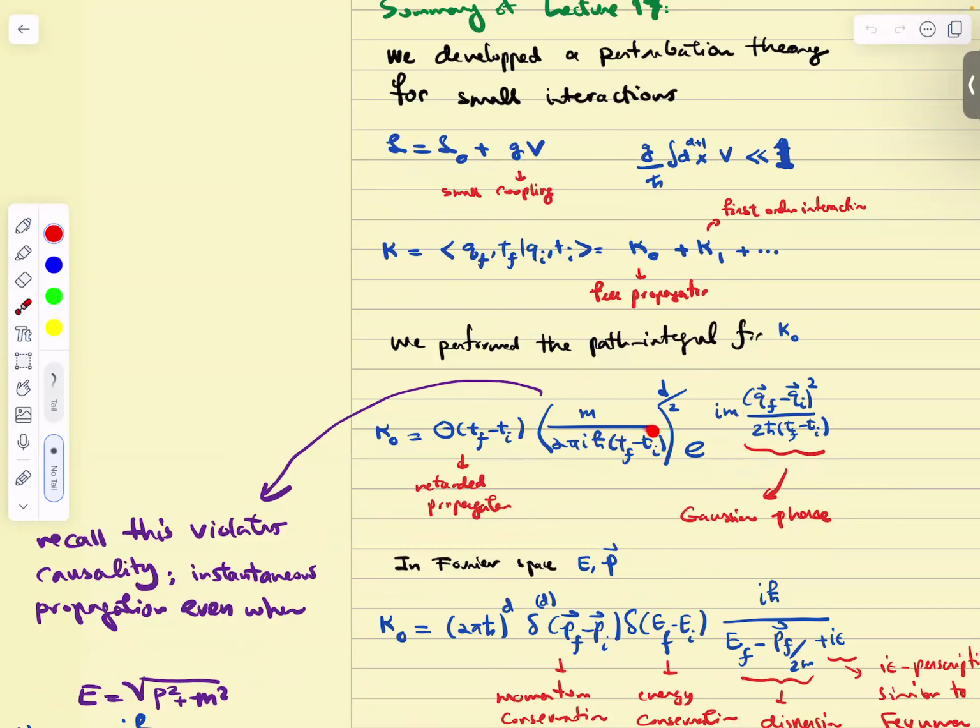What you need to see in this is that it's 1 over t to the power of d minus 2. This is a retarded propagator, right? It better be evolving only forward and not backwards in time. And then there was e to the power of i m something over t, the distance over t. This is the Gaussian phase.